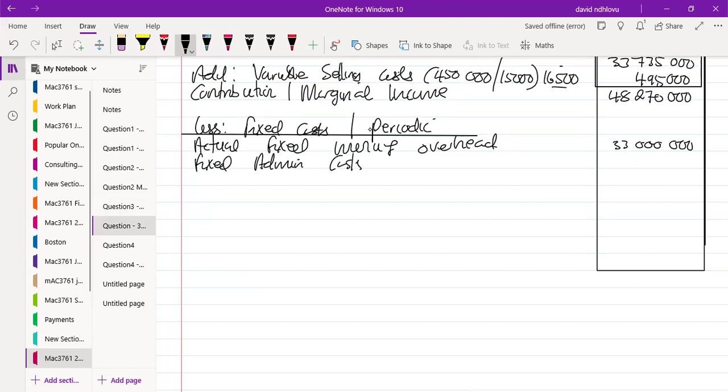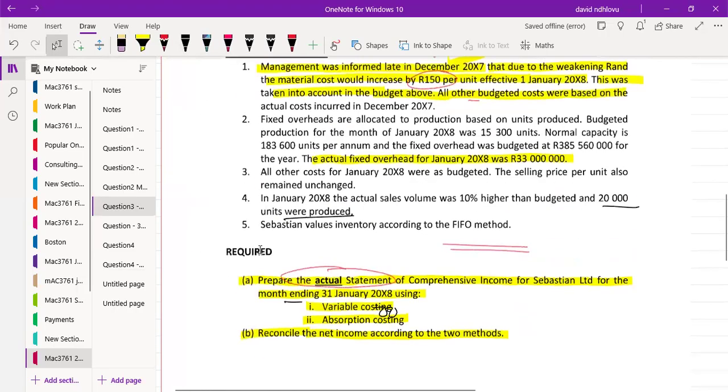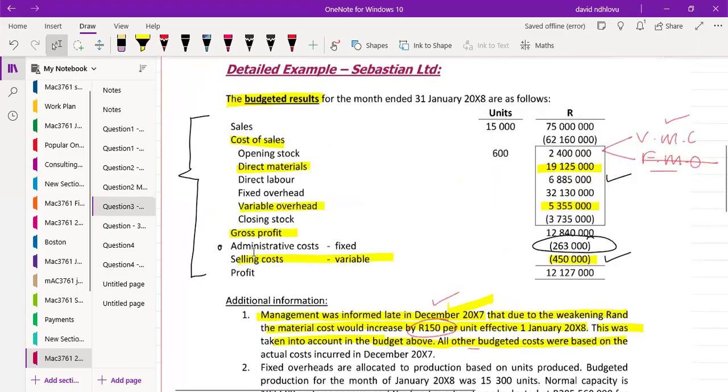Right, we have been given, of course, the budgeted figure, right, which is 263. But is it the same as the actual? Sometimes they will tell you it's changed. Here they said all the other costs are the same. So we take it as it is, no changes. But watch out, in another question, they may give you maybe an escalated cost or a reduced cost.